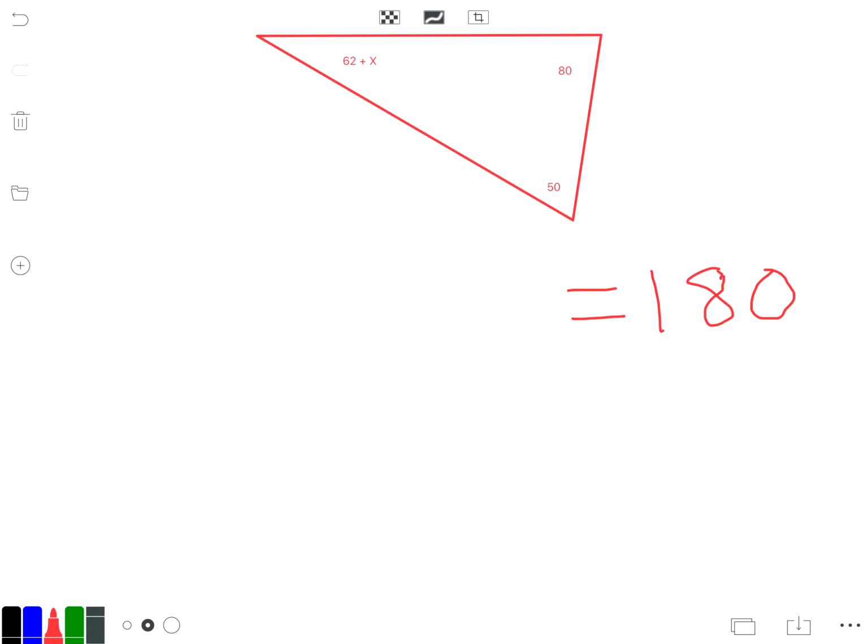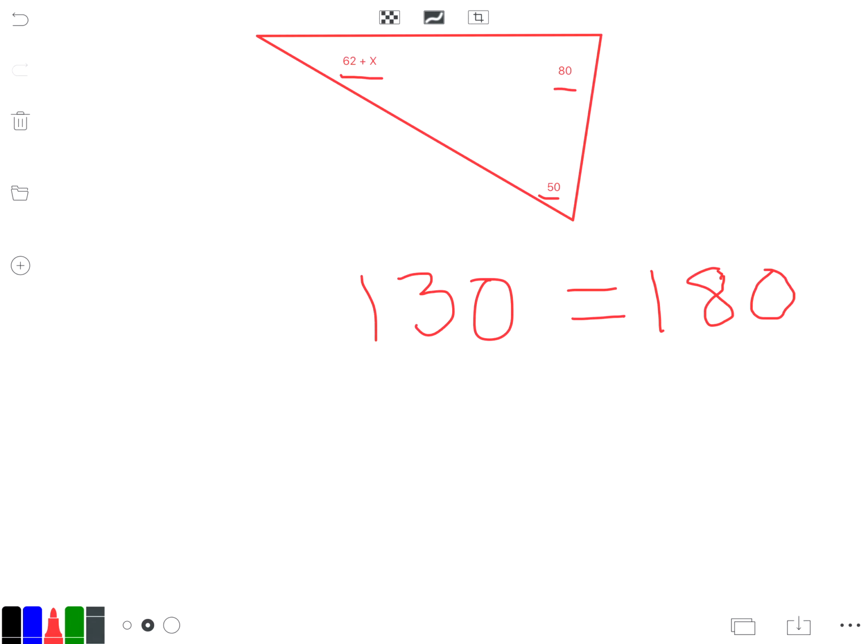So first we want to add the 80 degrees and the 50 degrees. So that gives us 130 degrees for the 80 and the 50 degree angle. Next you have 62 degrees plus x, or a number that we don't know.